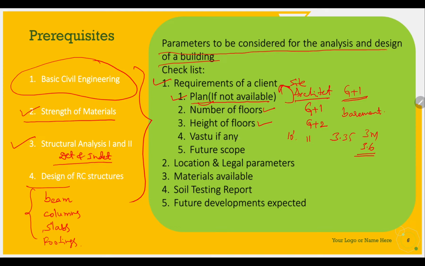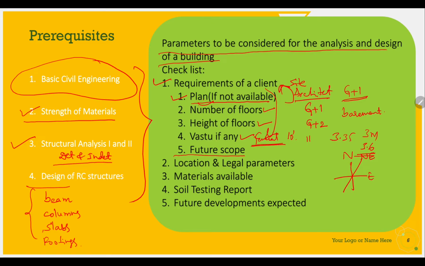Then some clients follow Vastu, with north, northeast and other directions, where some rooms or doors will not be allowed in some directions. You should have complete knowledge about that. It is almost general, and some clients will have specific differences that you need to discuss with them.